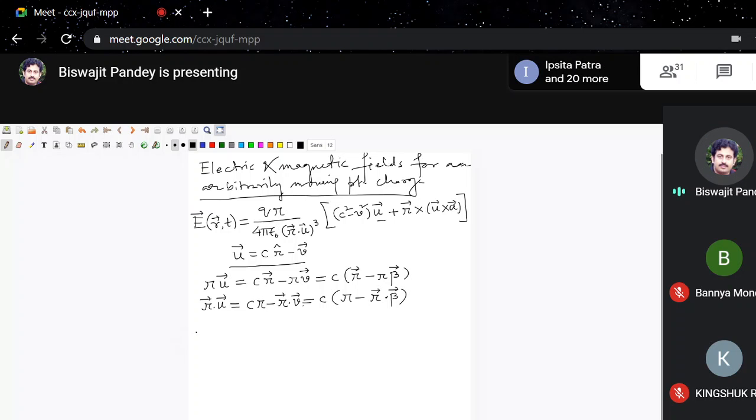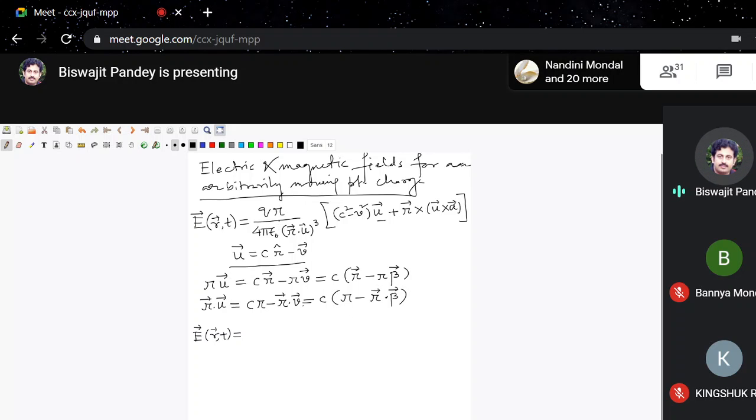So let us write down that E electric field R T is equal to, so I'm taking r inside this, and c square minus v square, you can rewrite that, you can take c square common, that will give you 1 minus v square by c square, which is 1 minus beta square. This c square can be taken outside, and this r dot u we have already written in this way.